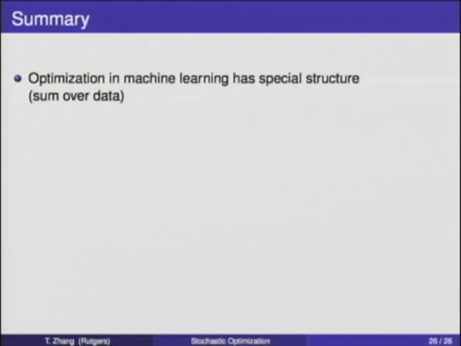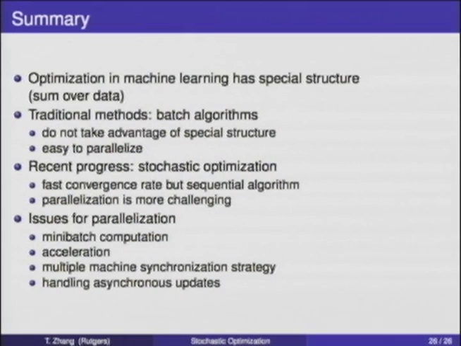They look at that, but they don't take advantage of this structure. Traditional methods really don't. They have nothing to say about that special structure, while the modern stochastic algorithms say, you have this structure, you can take advantage of it. And of course, the resulting algorithm has a fast rate, but it's a sequential algorithm.